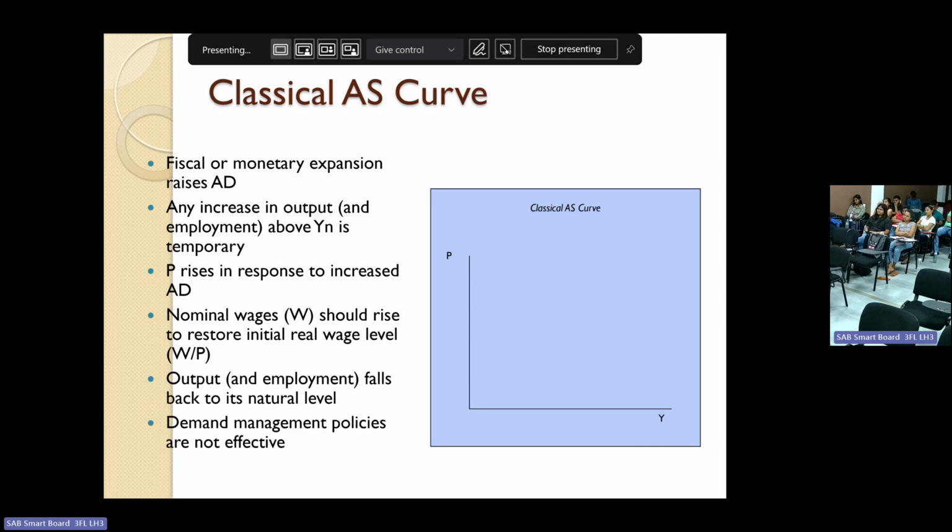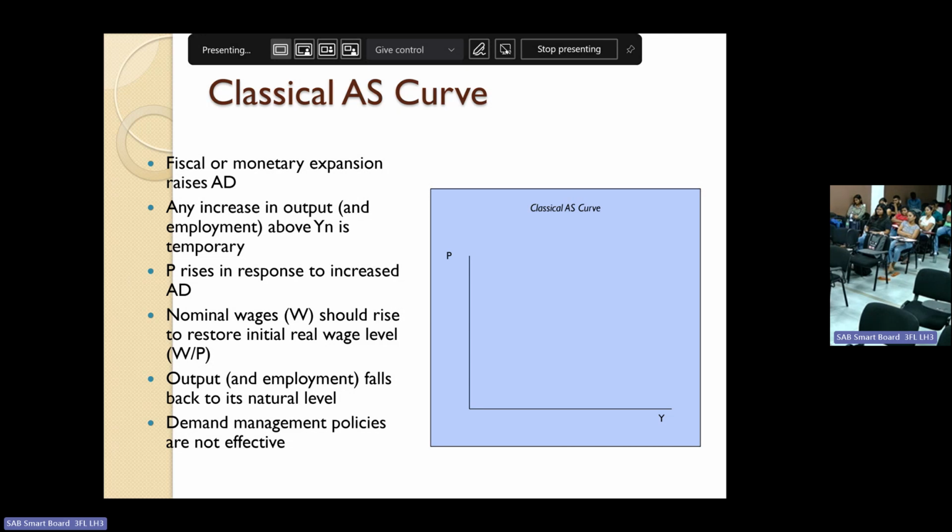We can only see the price level increase. There will be inflation. The demand is not important, supply is important. We can increase the supply, and we can raise the output and the employment. That's why the classical economists believe in the vertical aggregate supply curve.